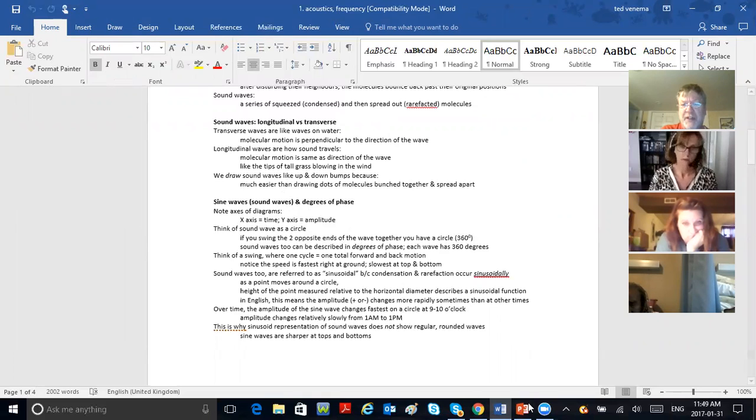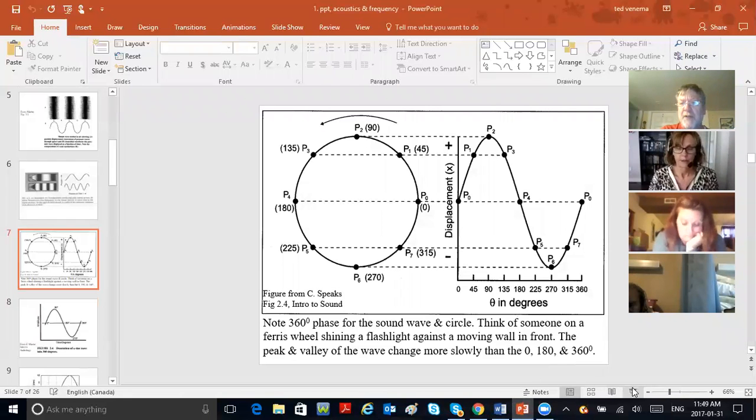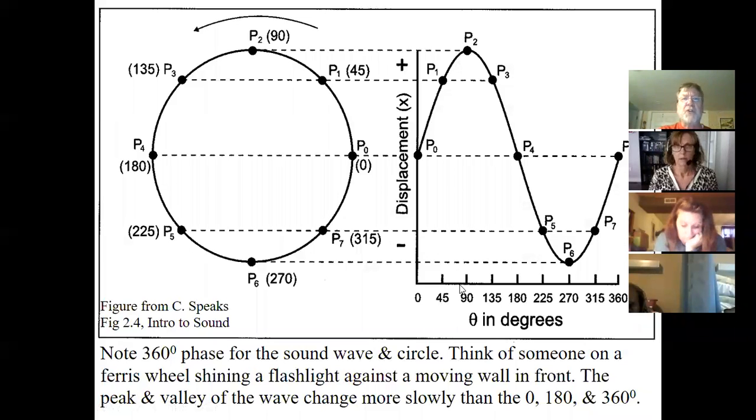Look at the circle on the left. See how you can start at 0 here, and you go to 90 degrees, 180 degrees, 270, and right back to 0 again. You know when people speed around in a parking lot and they do a 360? A 360 is a circle. A circle has 360 degrees.